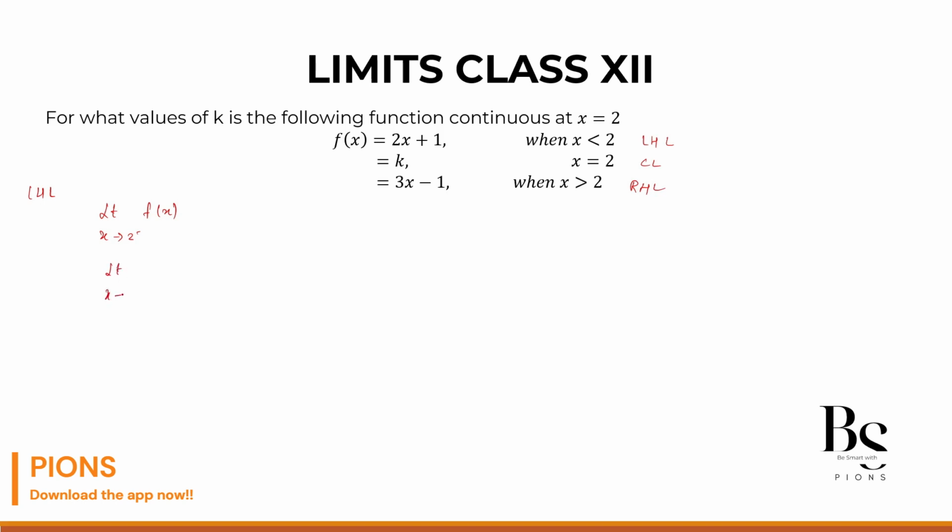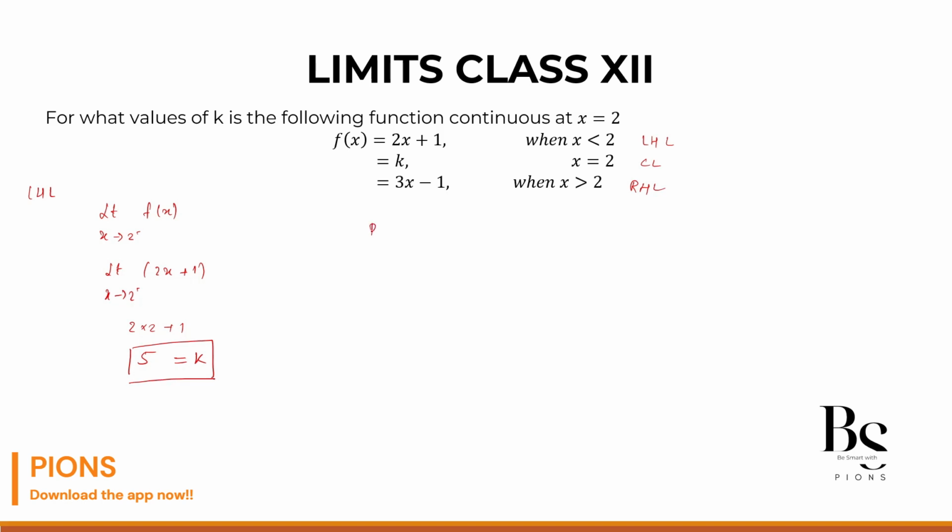So limit x tending to 2 negative, and what is our f of x? 2x plus 1. So let's put here 2x plus 1. Now putting here 2, it will give you how much? 2 into 2 plus 1. 2 2s are 4, 4 plus 1, 5. This is our LHL. And putting this equal to central limit, our k value here will give you 5.